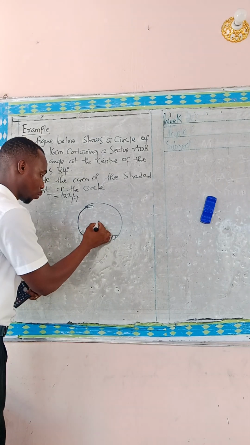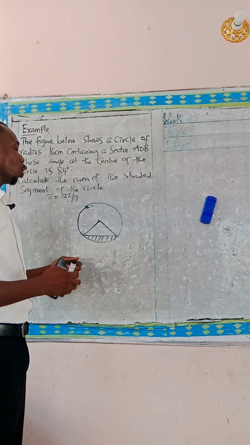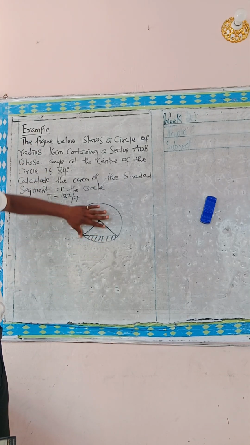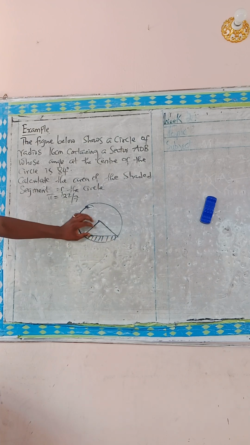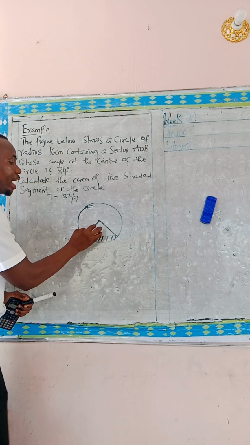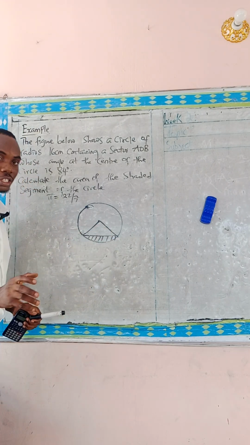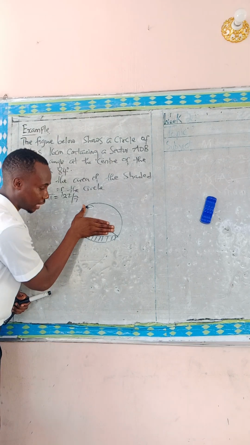You can use this to form a triangle. So if you want to look at the area of a segment, because you have the major segment and the minor segment, for the area of the segment, it is the area of the sector. If you look at this shape, it is the area of the sector minus the area of this triangle.